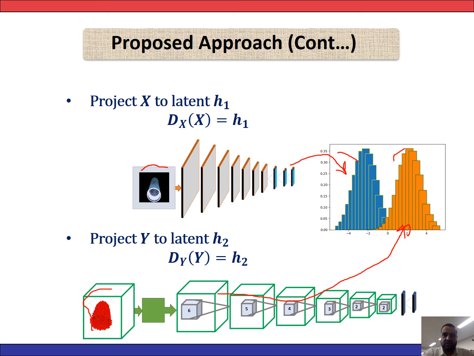Both of those objects are similar to each other, but they have different representations. One is 2D and the second one is 3D. We want to translate the 2D to its corresponding 3D. So we need a distribution which is the combination of their separate distributions.